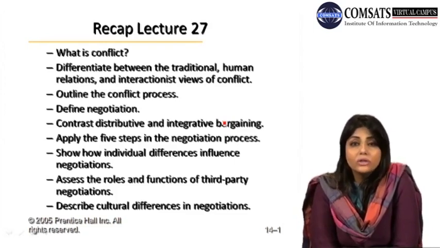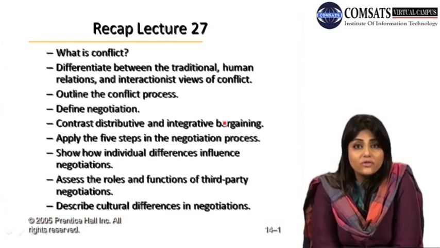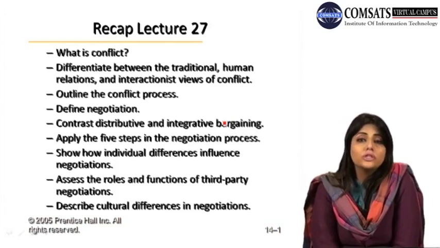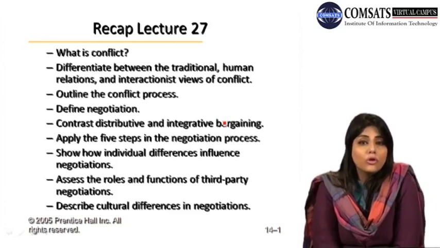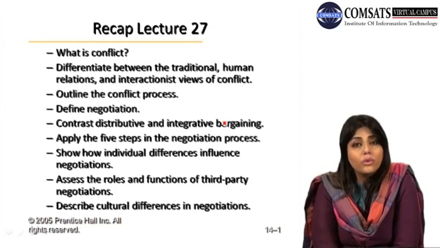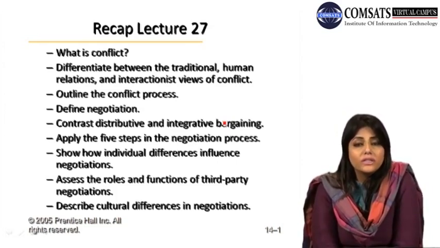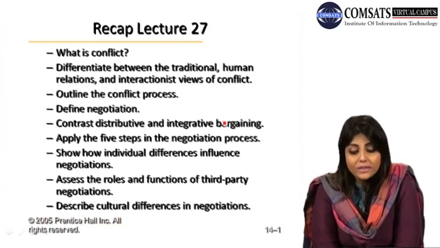It explained how low to moderate levels of task conflict can actually be functional, which means that they can increase the firm's performance, whereas the interpersonal conflict, which is owing to the personal differences between individuals, or between the boss and the subordinate, or between co-workers at any level, is because of personal reasons, and that is not functional, that is dysfunctional. And that should be avoided as much as possible.